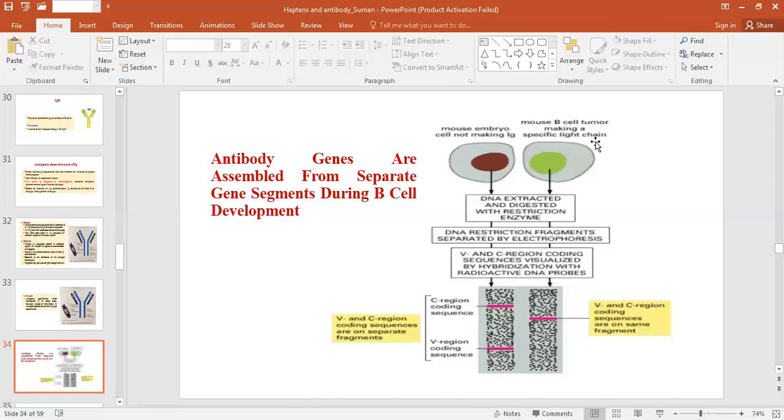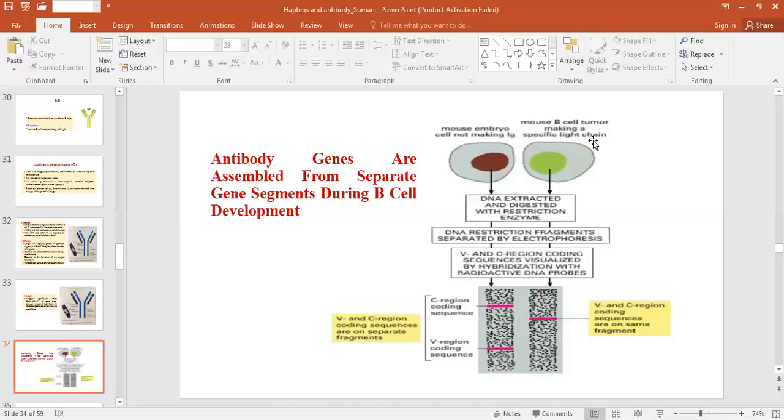Then we find three different fragments: one is the C region coding sequence, one is the V region coding sequence, and the third is where the V and C region coding sequences are on the same fragment.